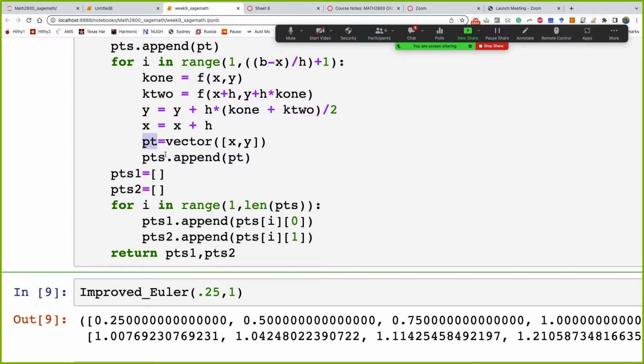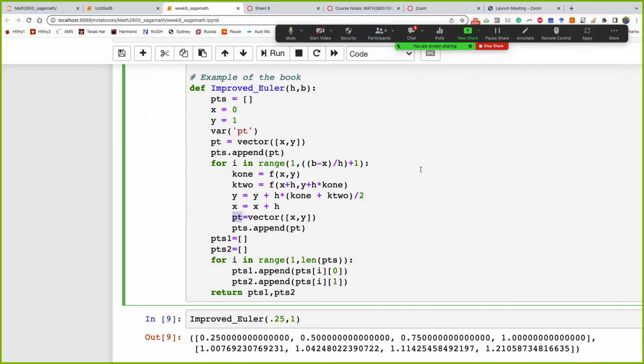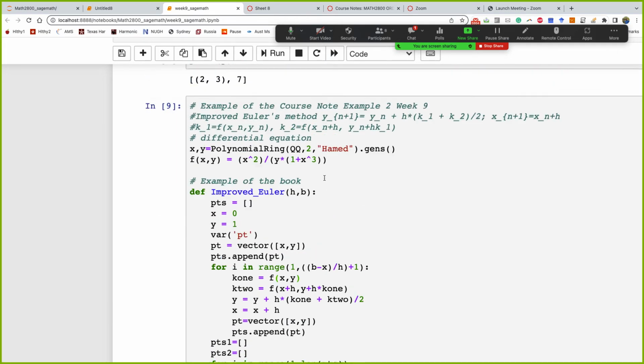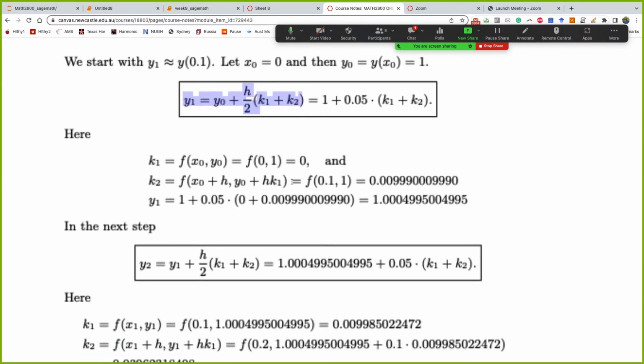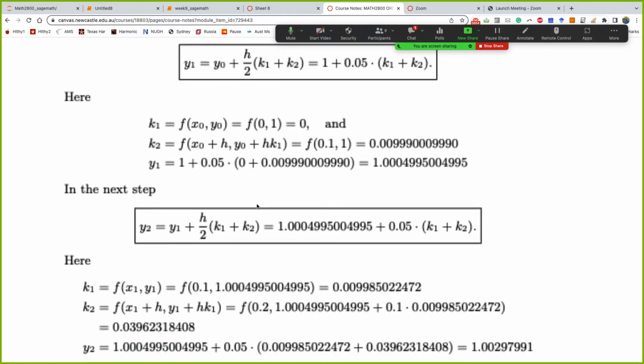Okay. So what improved Euler is doing, the arguments are h and b is the goal. Okay, let's see this one. Can we apply 0.1? What do we want to do here?